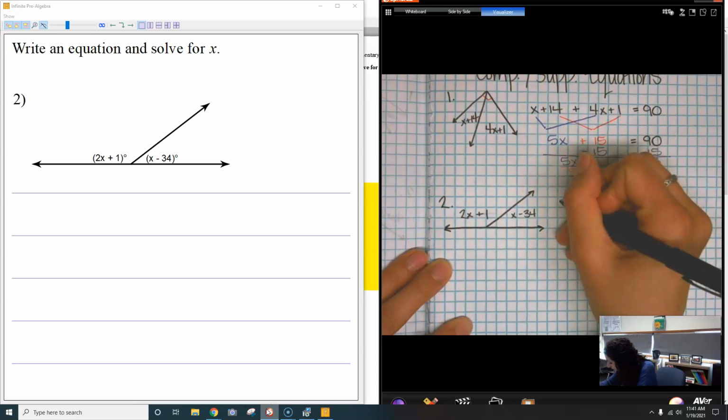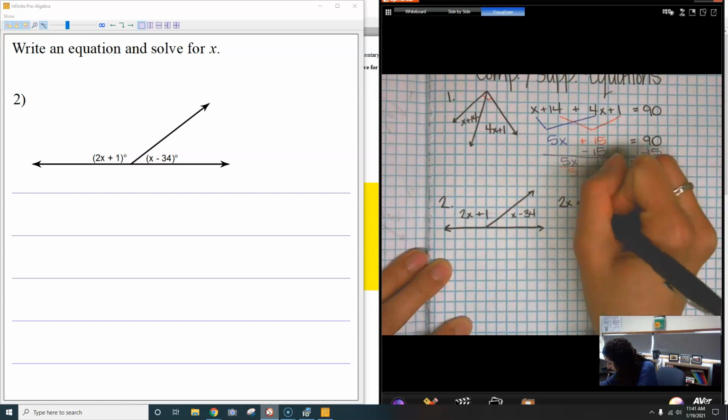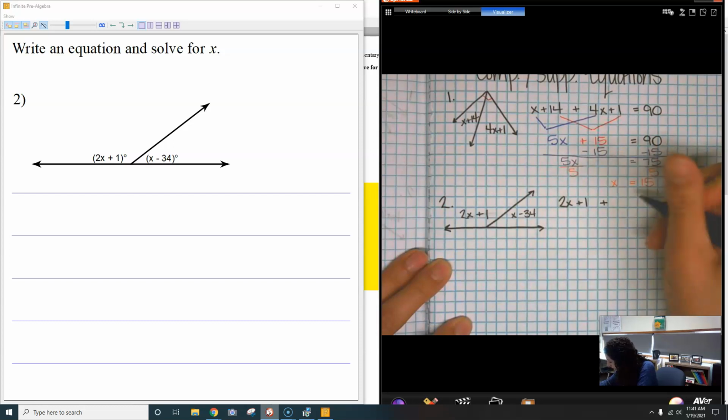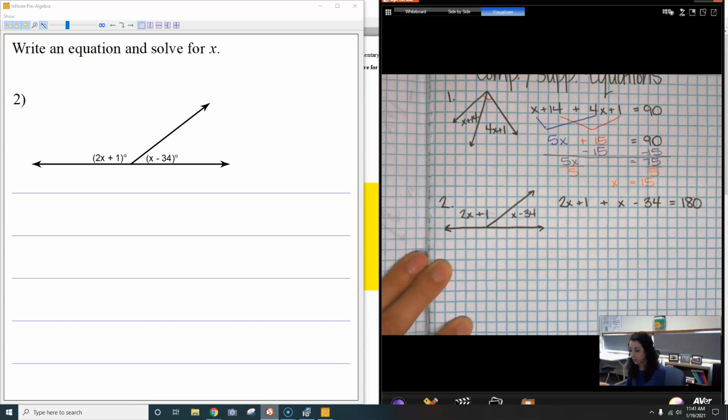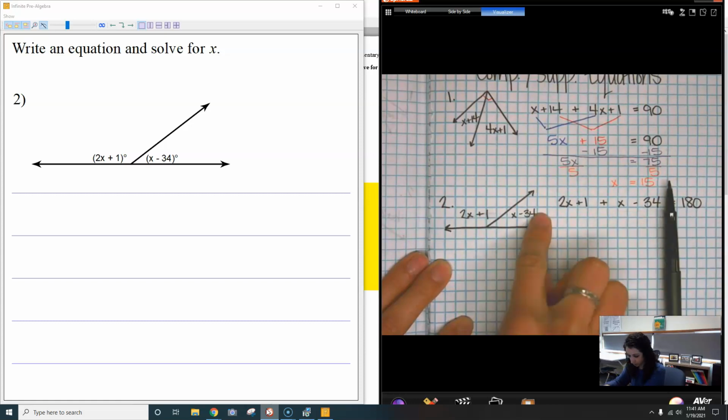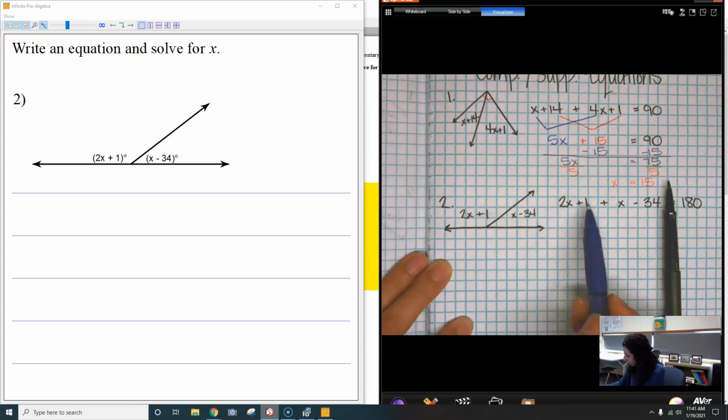So if I take angle 1, 2x plus 1, and I add it to angle 2, x minus 34, it should equal 180 degrees, because this one's a straight line. All right, so I only have one term on the right, but I have 4 terms on the left. 1, 2, 3, 4.